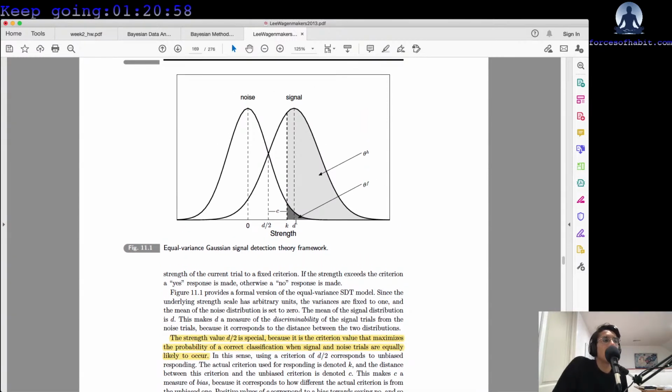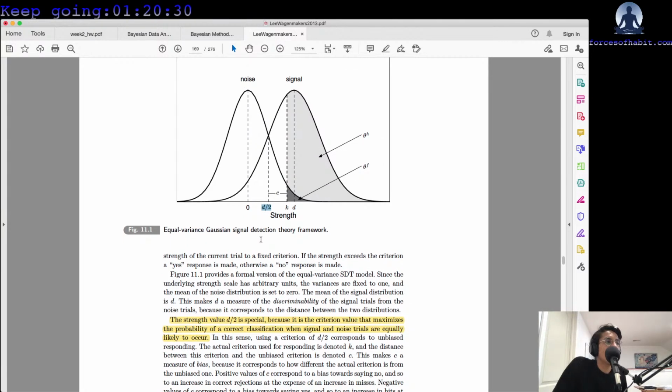And part of that is because if the signal distribution is centered on d', the discriminability, then half of d' should also be halfway from the noise distribution if noise is centered on 0. So this is where noise and signal are equal to one another, here is the decision criterion strength.